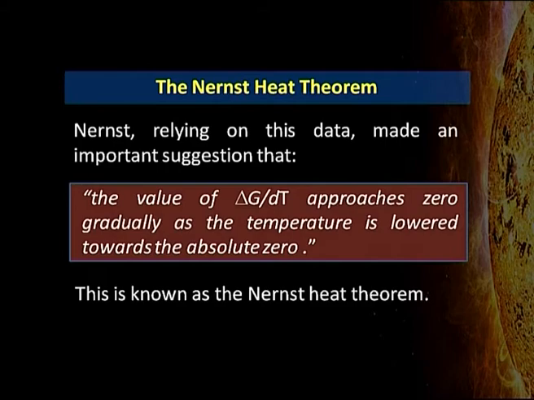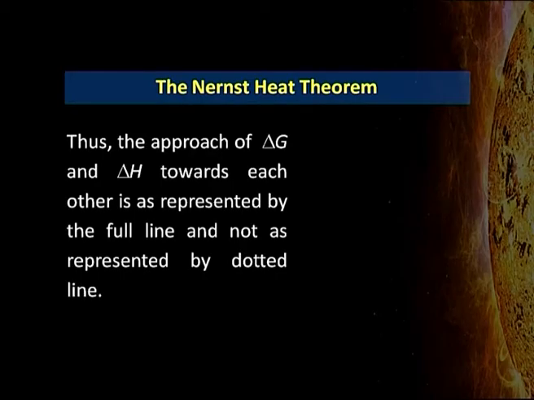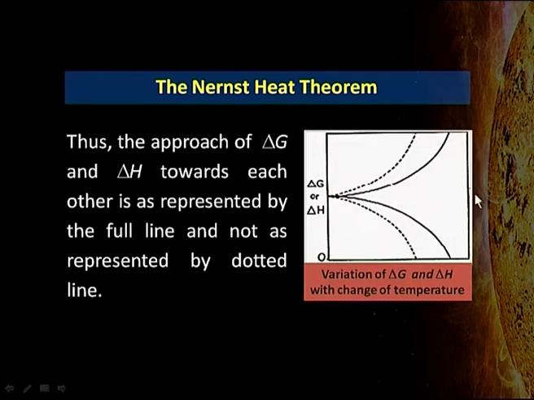Now, according to this theorem, delta G and delta H not only become equal to each other at absolute 0, but also approach each other gradually at temperatures close to absolute 0. Thus, the approach of delta G and delta H towards each other is as represented by the full line and not as represented by the dotted line.